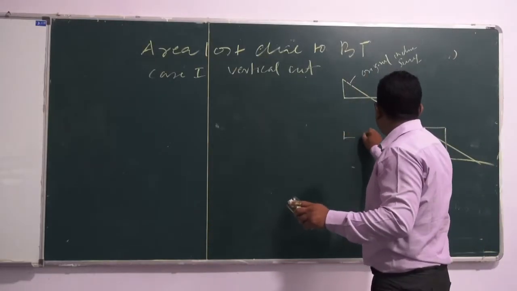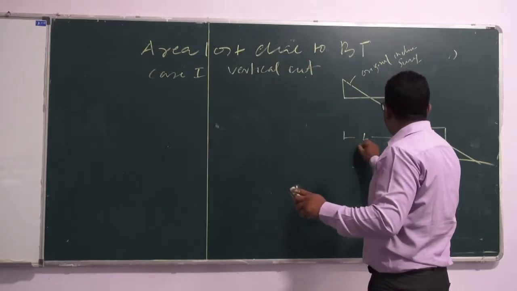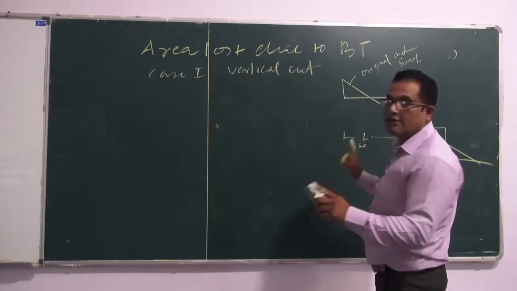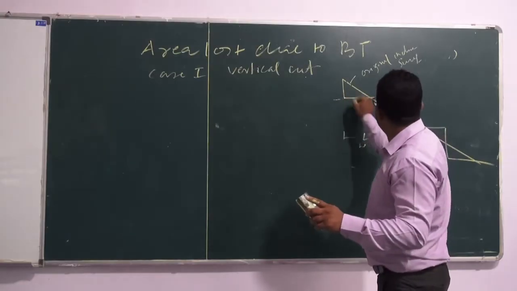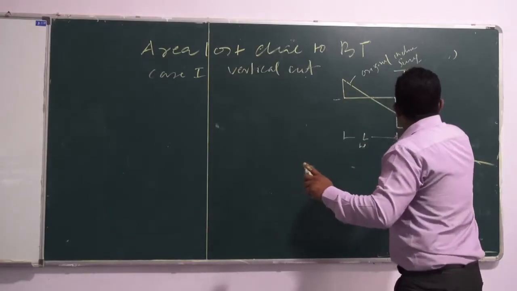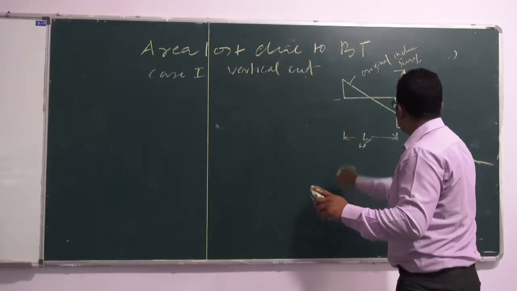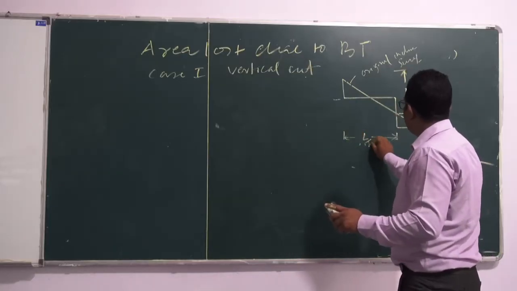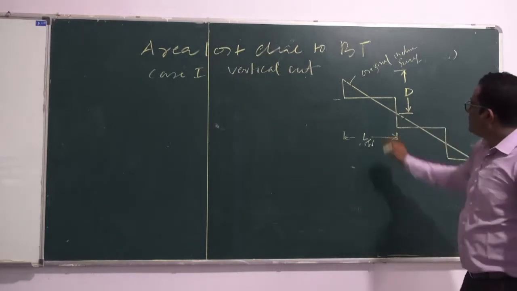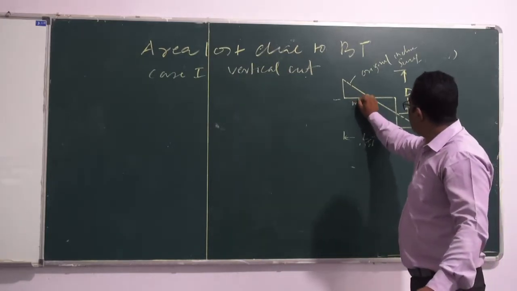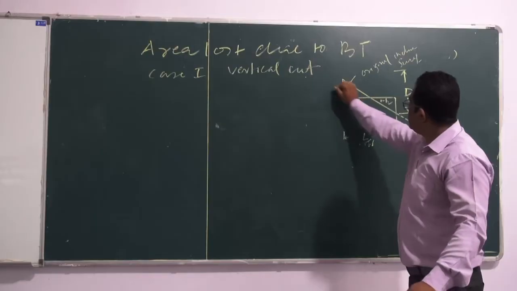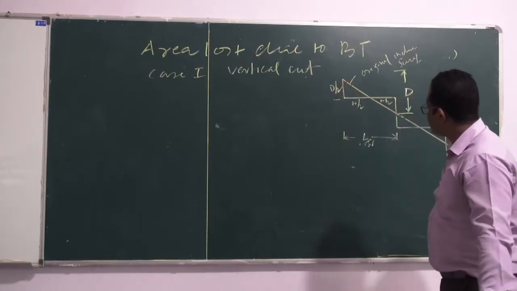So this is your L or W, since it is a vertical cut. This is your vertical interval. This is your W by 2. This is your D by 2.